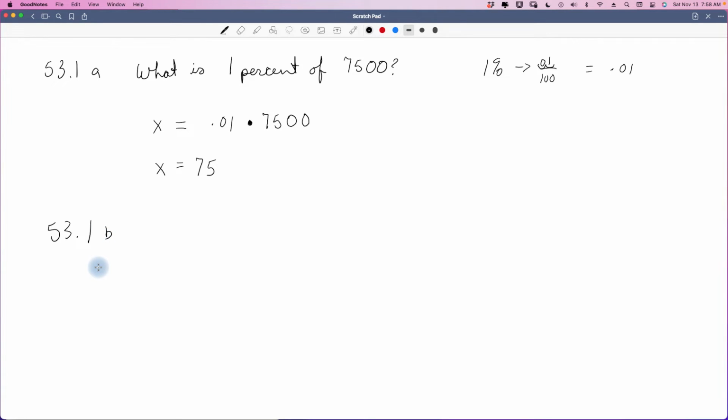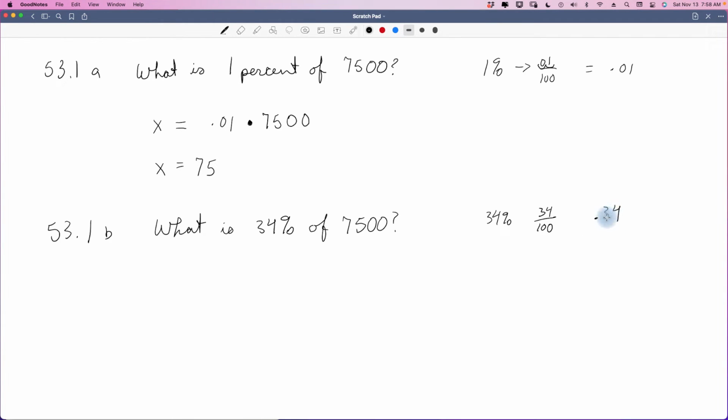There's another one. So this one says, what is 34, and I'm going to make the percent symbol here instead of writing the word because this pen likes to jump around, of the same number, 7,500. So what is 34%? 34% becomes 34 over 100, which means, boom, boom, we put the decimal in front of the 34.